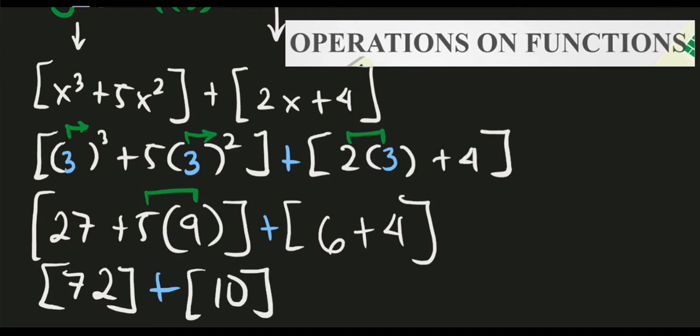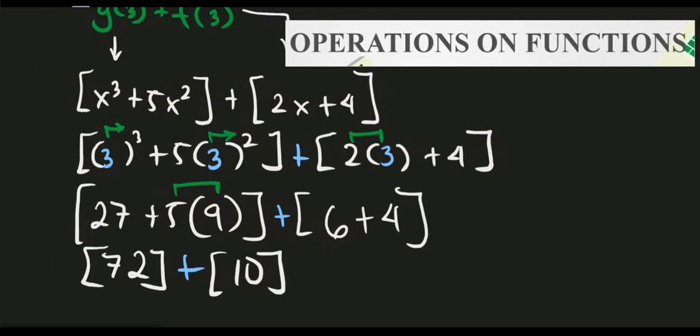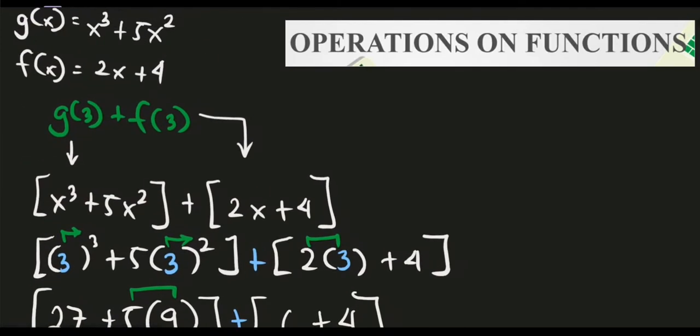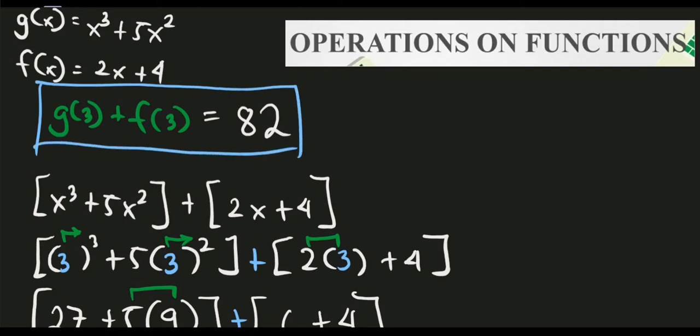If we add the values, therefore the answer for this given problem is equal to 82. So that is our answer. That means if we add g of 3 plus f of 3, the answer is simply 82. Right, so we have this answer.